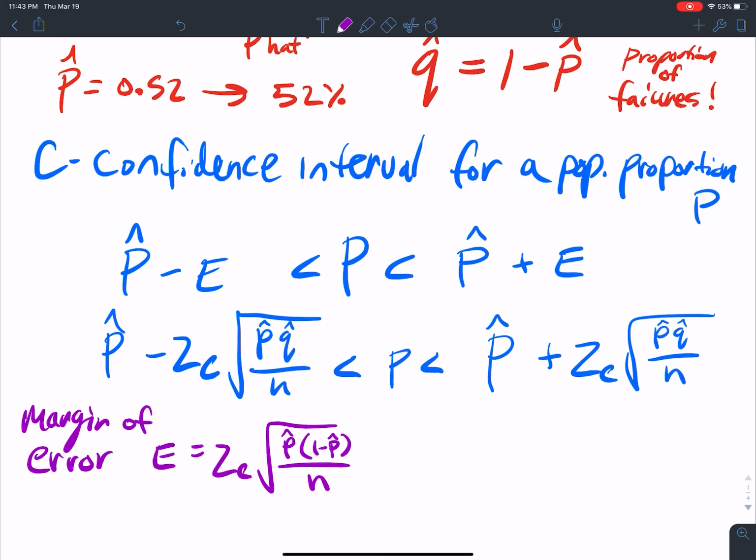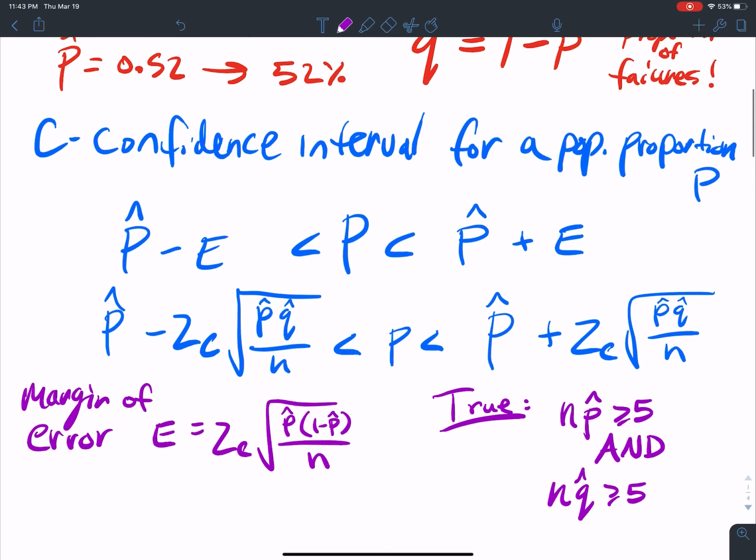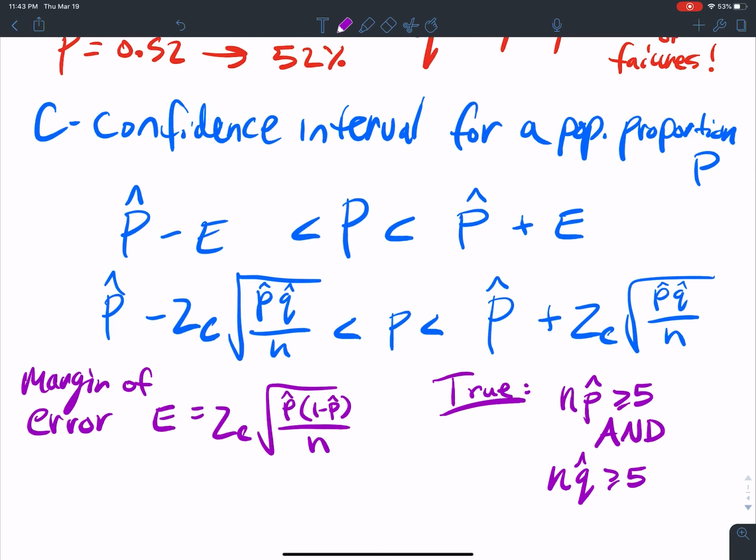So this is true when we can use this Ferrari, when N P hat is greater than or equal to 5 and N Q hat is greater than or equal to 5. Okay, if that's true, then we know that the sampling distribution for P hat is approximately normal.